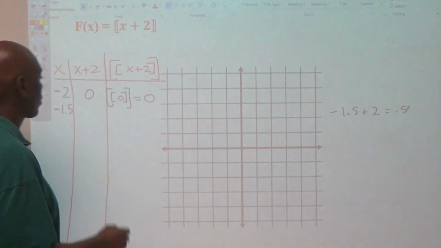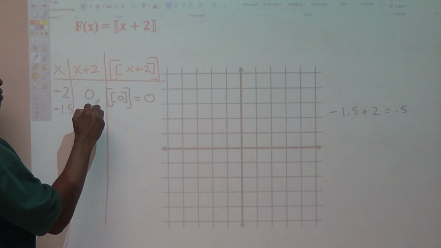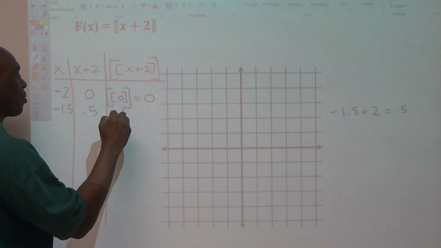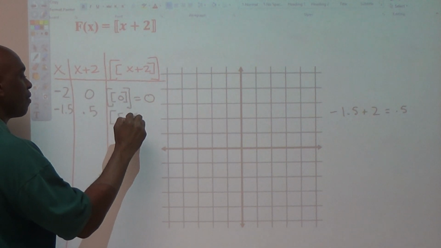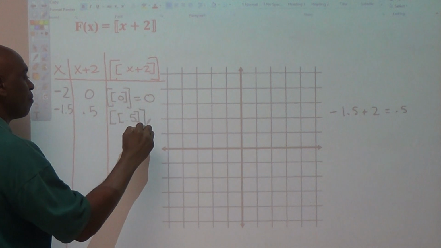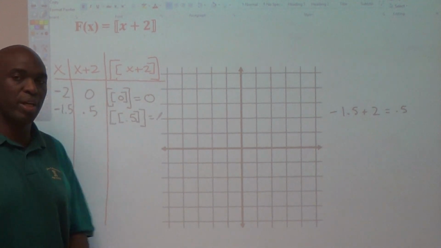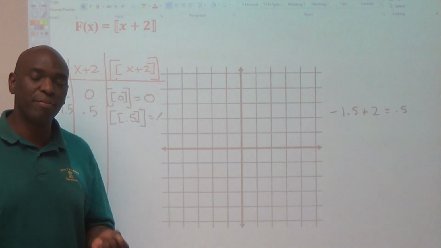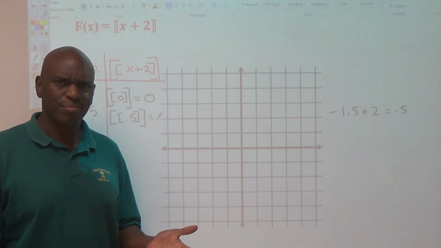Okay. So I have 0.5. And what's the greatest integer less than or equal to 0.5? 0.